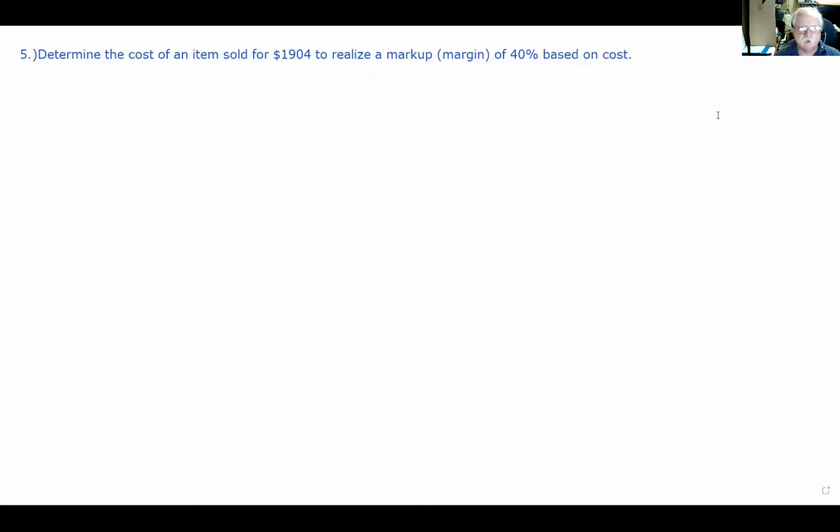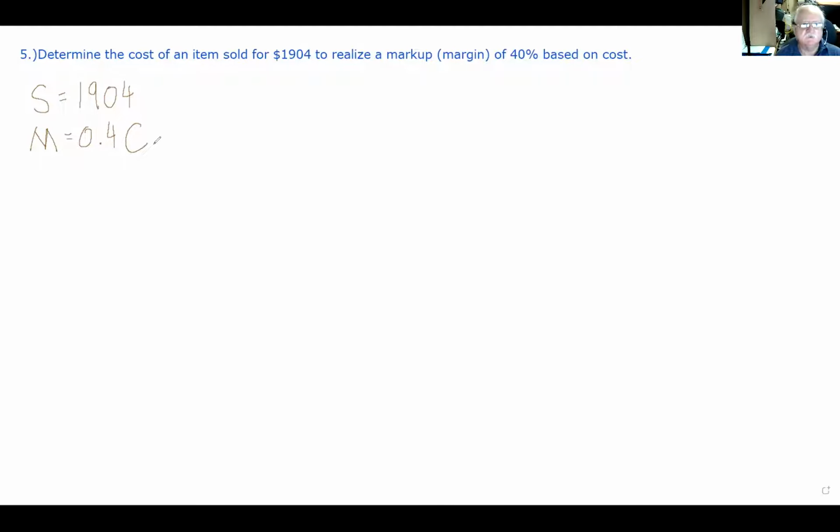So determine the cost of an item that sold for 1904. So we see the selling price. And there was a markup. So markup was 40%, so 0.4 of cost.